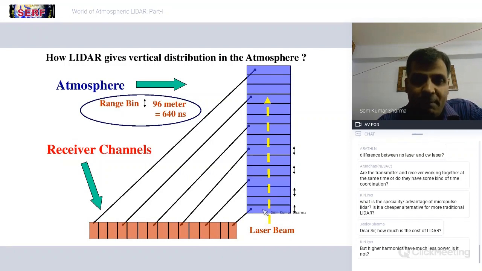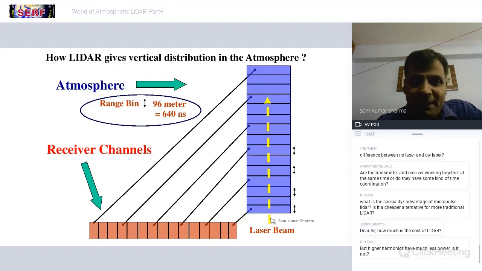So range bin number 1 corresponds to bucket number 1, or the collector number 1. Range bin number 2 is connected with bucket number 2. Range bin number 3 is connected with bucket number 3, and so on. The last range bin is connected with the last bucket.